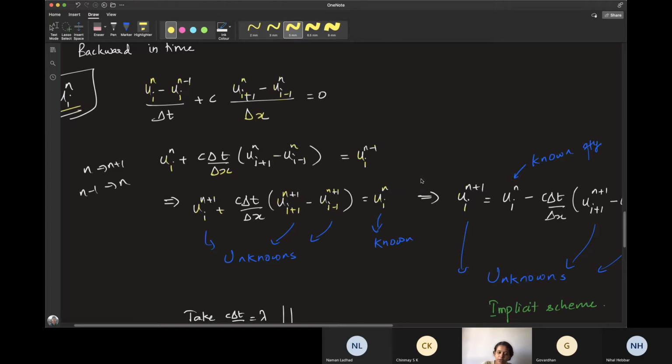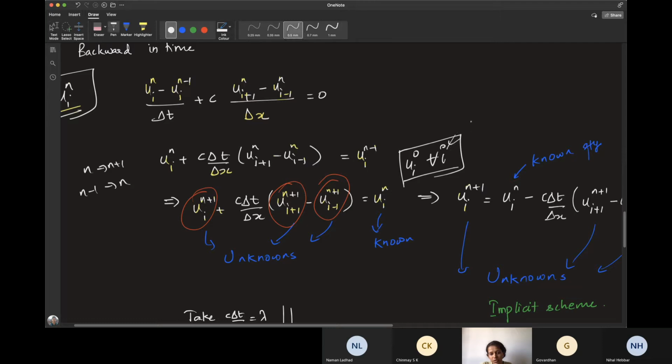So you will know what u_i^0 is, but you will not know what these quantities will be, because they are at the n+1 time step. At the initial condition, you will know u_i^0 for all i.